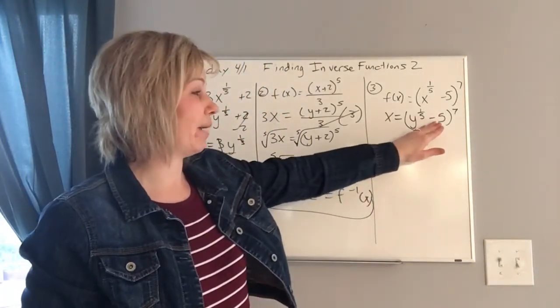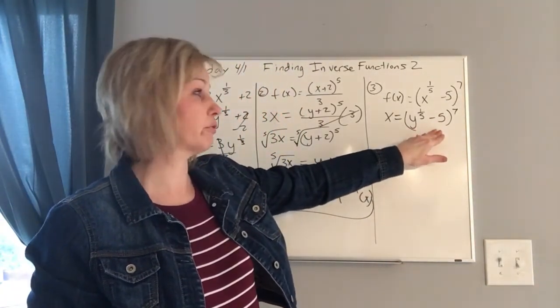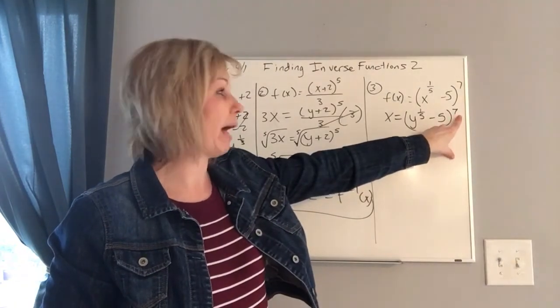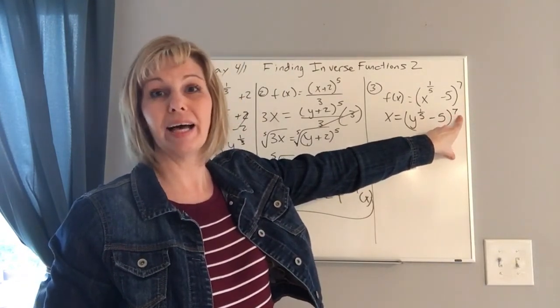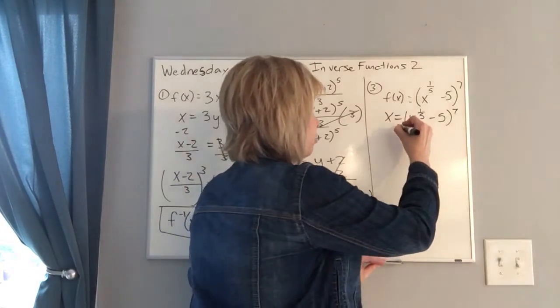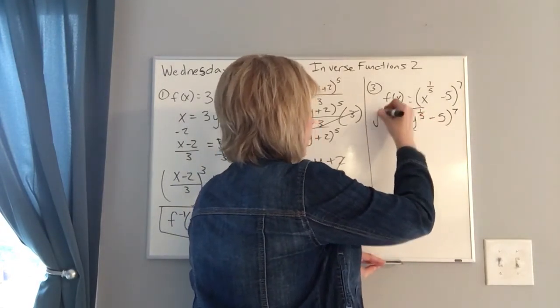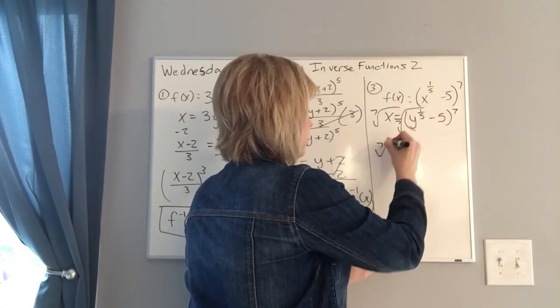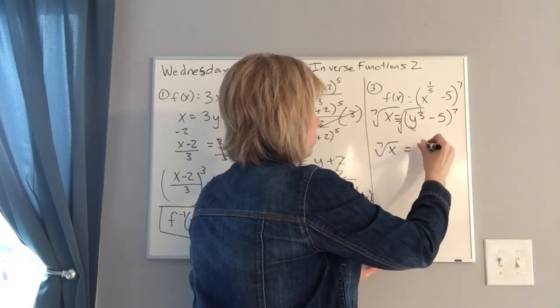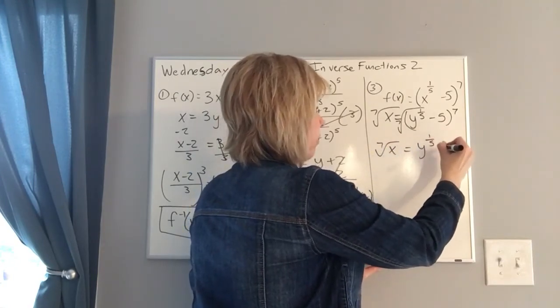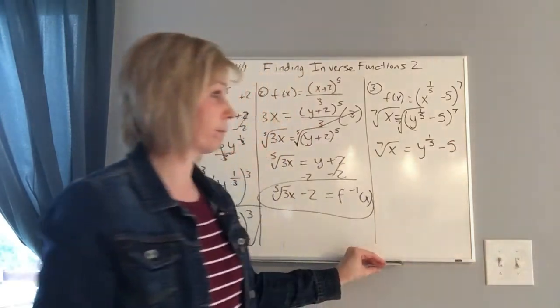This time you can't undo anything in the parentheses first. You've got to undo that power of 7. What undoes the power of 7 would be your root. So take the 7th root of x equals y to the 1/5 minus 5.